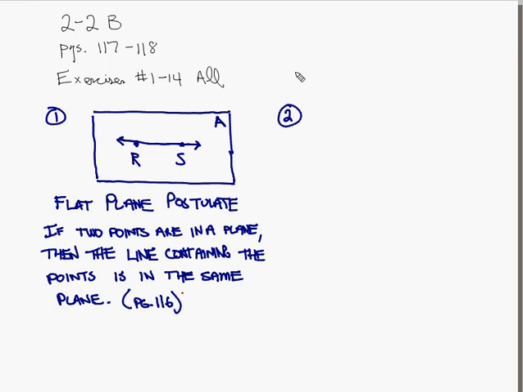Okay, flat plane postulate. Number 2, there is some point F that is not in the same plane as the plane containing B, C, and D. So here we go. There is a plane.